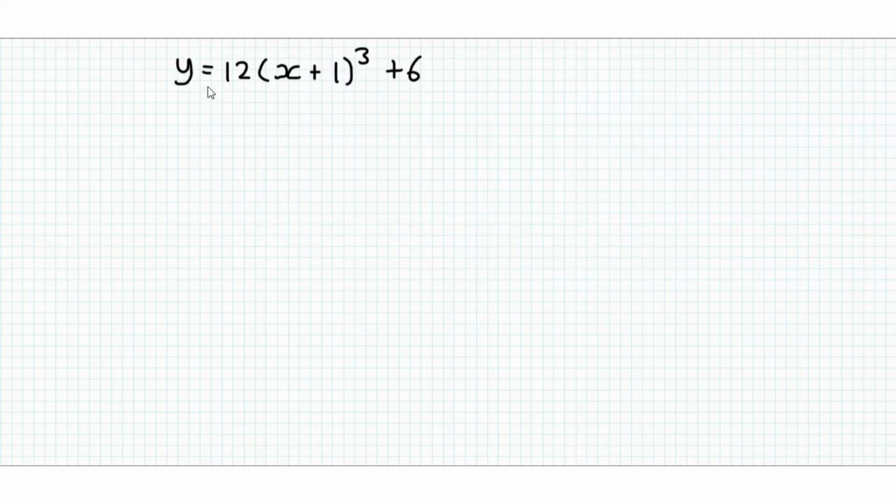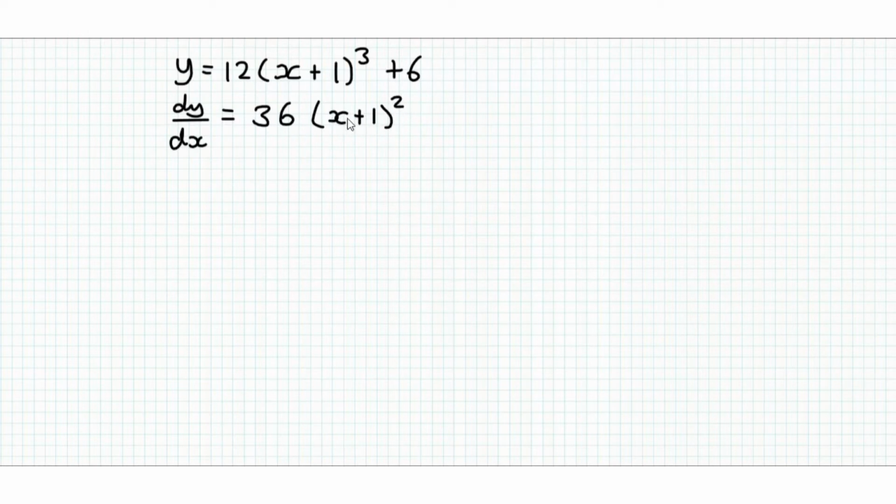So we're looking at this function, y equals 12 (x plus 1) cubed plus 6. We'll take the first derivative to find the stationary point. We're going to use the chain rule here, so we treat this x plus 1 as u, so we've got 12u cubed, and that goes to 36u squared.